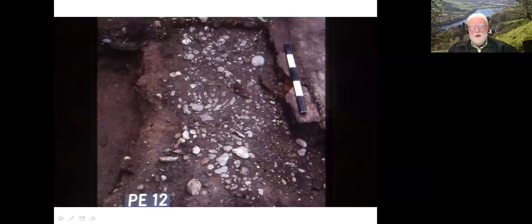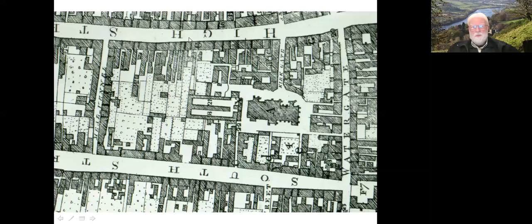That's an early piece of road surface surviving at 82-86 High Street, where the buildings have expanded outwards into the road and have sealed the early road surface under the later buildings. You can see here on this bit of the high street, it's upside down on purpose so as to put north at the top.